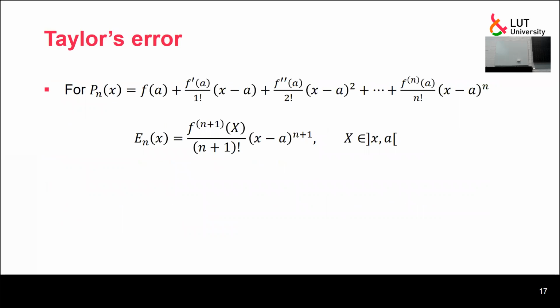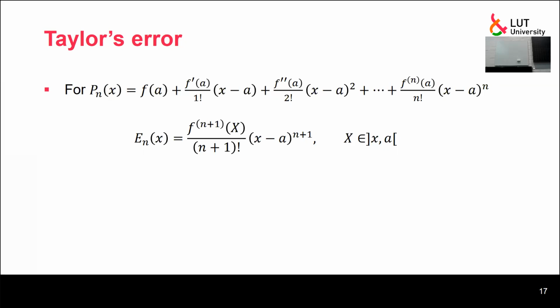The error term ends up being this. Essentially the previous one, expanded, so it's the n plus first derivative at X divided by the factorial of n plus 1 times the change to the power of n plus 1.